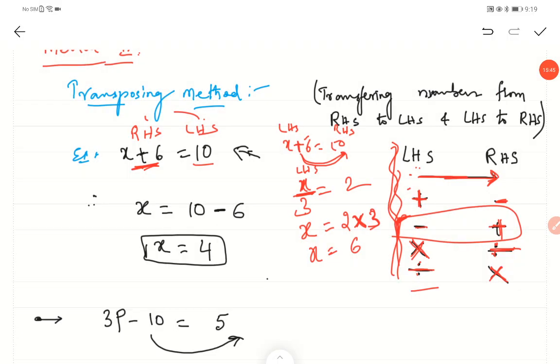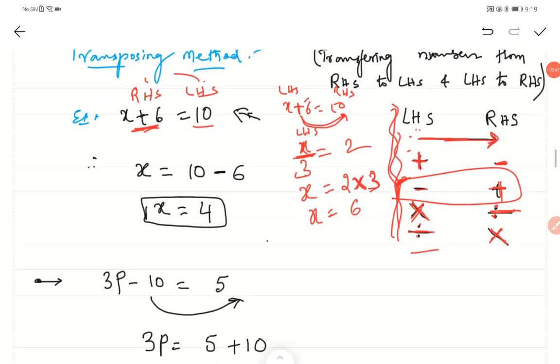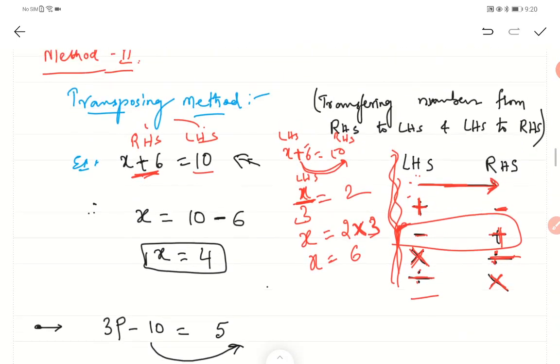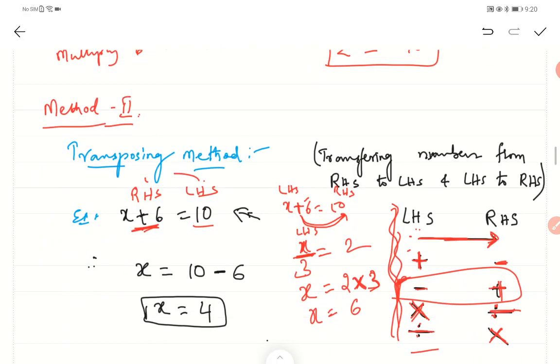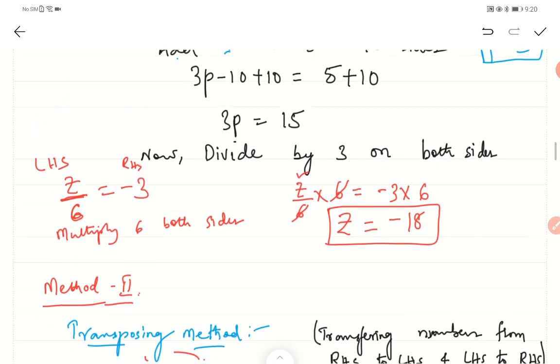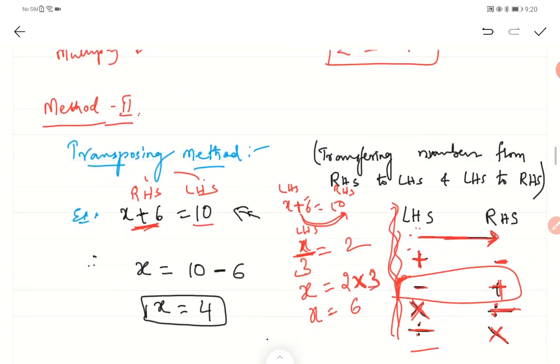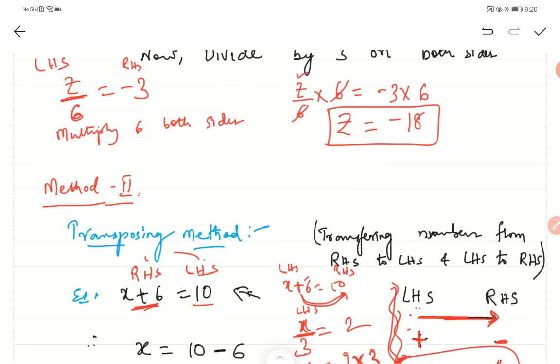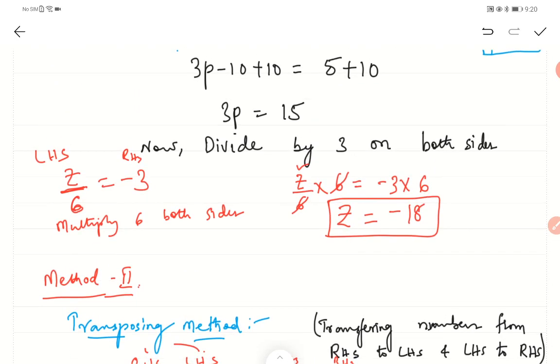I would like to finish it off, and then look at the construction of equations further. Let me take some more examples in the next video and go on to the next part of this unit. For solving equations we had seen two methods.